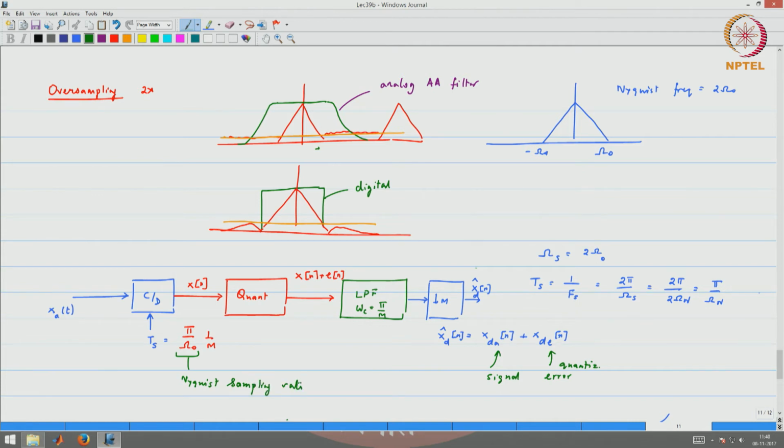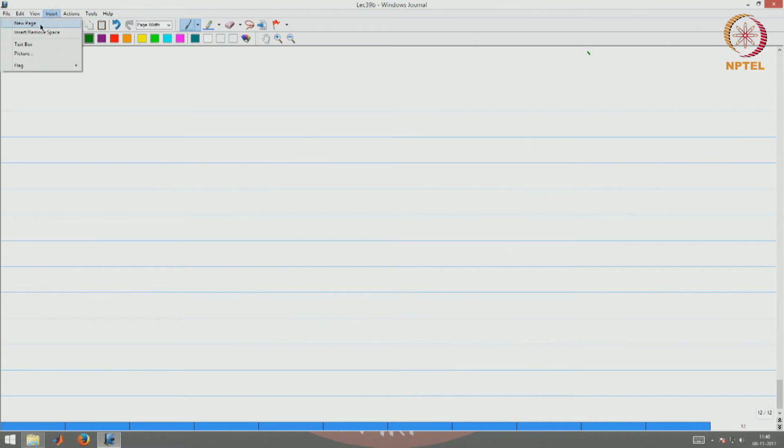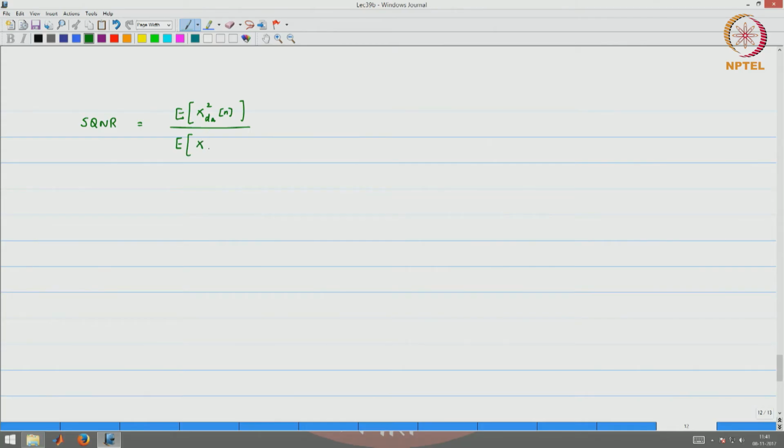Okay, so given this form, the signal to quantization noise ratio. Please note, the signal to quantization noise ratio now becomes SQNR, which is the expected value of x d a of n whole squared, that is signal power, divided by the expected value of x d e squared of n.